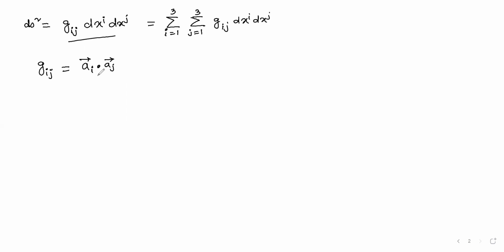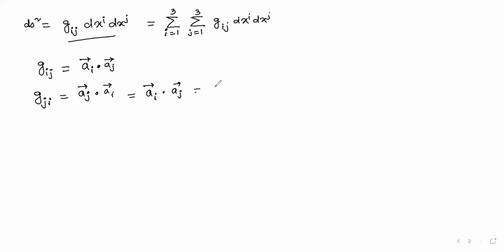And since dot product is symmetric, we have gji. So gji means aj dot ai. And since dot product is symmetric, this is simply equal to ai dot aj.